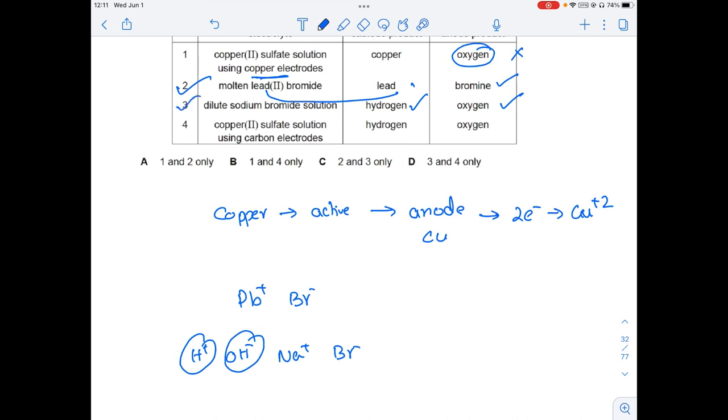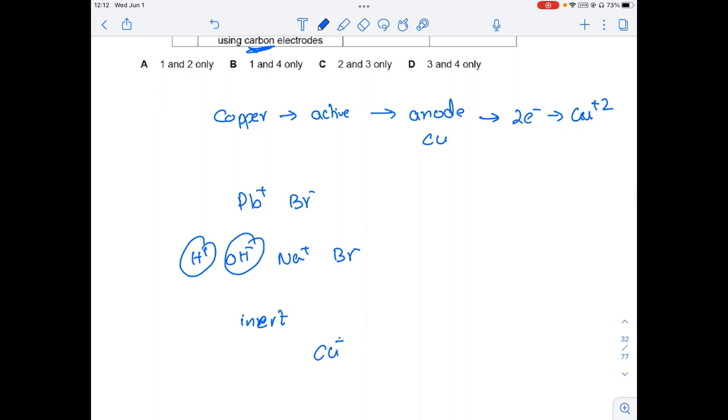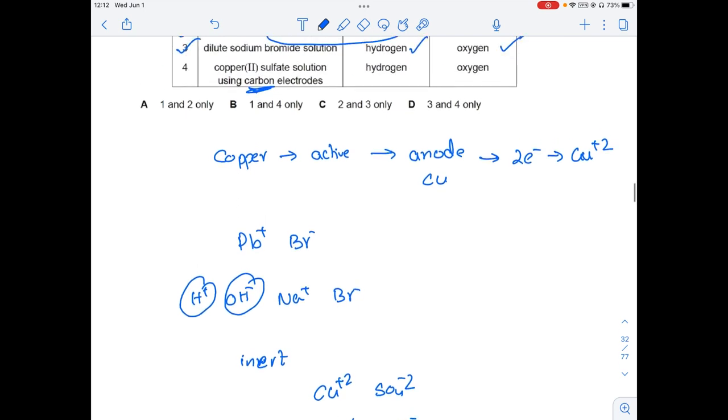Now coming to option number 4, copper sulfate solution using carbon electrodes. Carbon is an inert electrode. So in that copper sulfate solution, I will be having Cu plus 2, SO4 minus 2, H plus, and OH minus. Because it is inert, copper plus 2 will be going to the cathode. If it is active, copper will be going to the anode.